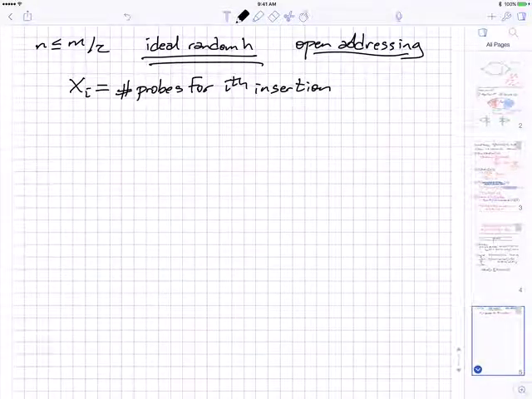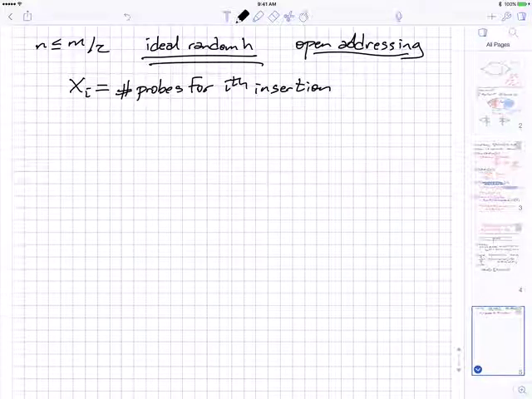In the context of an open addressing hash table, what ideal random means is not only that the initial probe into the table is at a uniformly random, totally independent location, but that the entire sequence of probes is also a uniformly generated permutation of the array.